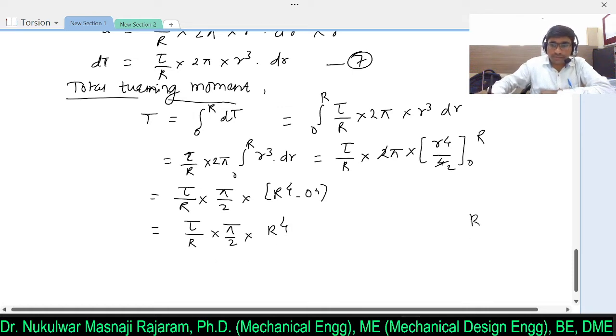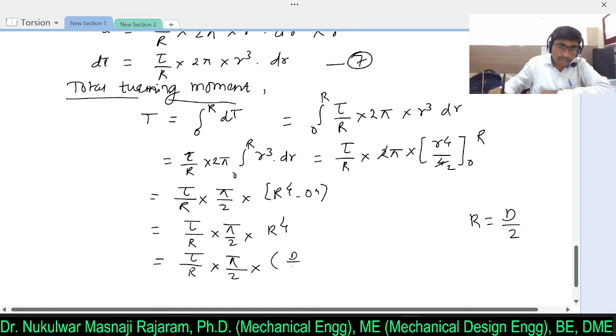Clear? Now instead of r, I can rewrite in terms of diameter, that is r equal to d by 2. So if you put in this equation, then tau by r into pi by 2 into d by 2 raised to 4. Clear? So this will become tau by r into pi by 2 into d raised to 4 divided by how much?